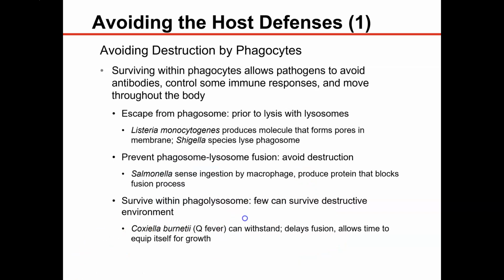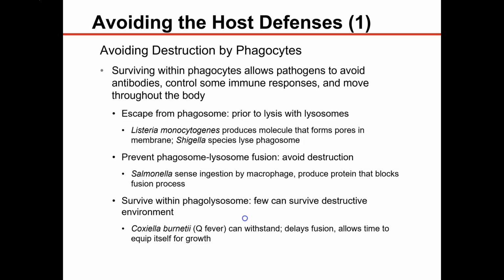We also have some microbes that live inside the phagocytic cell. Some of these will get into the phagocytic cell via the phagosome, but prior to the lysosome binding, they produce chemicals, pores within the membrane, and then they're able to escape. This is what Listeria monocytogenes does. This is also what Shigella species do. Some bacteria can produce different proteins that stop the phagosome and lysosome from fusing.